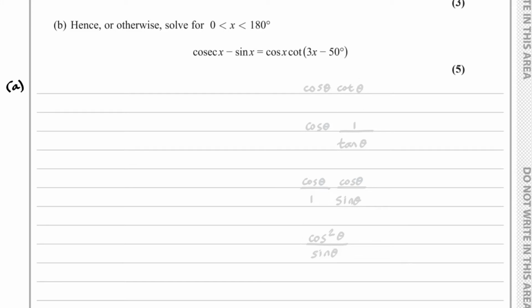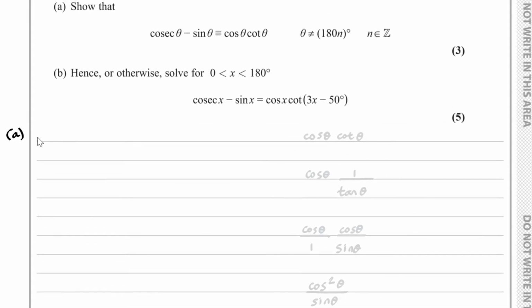Now, if during our working we get to this stage, then from here we can essentially work backwards to get to this step. So, for this proof, if we start on the left hand side, we have cosec theta minus sine theta. Cosec is the same as 1 over sine. So here we have 1 over sine theta minus sine theta. And we can combine these together. We can rewrite sine theta as sine squared theta over sine theta.